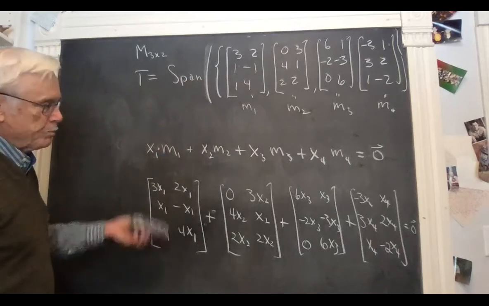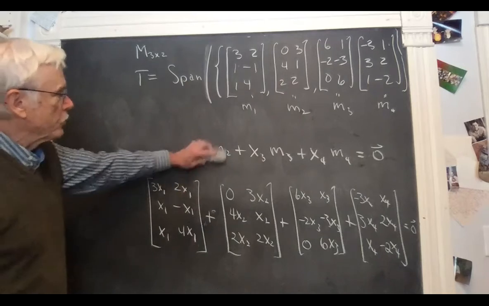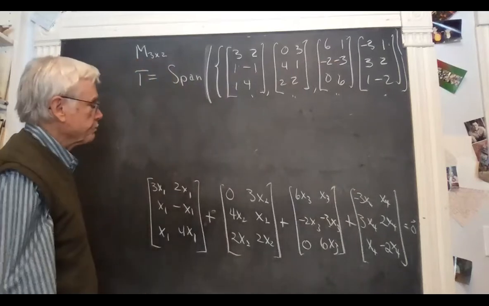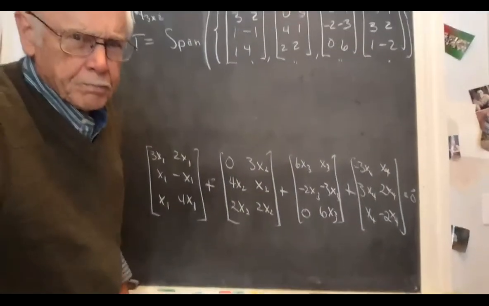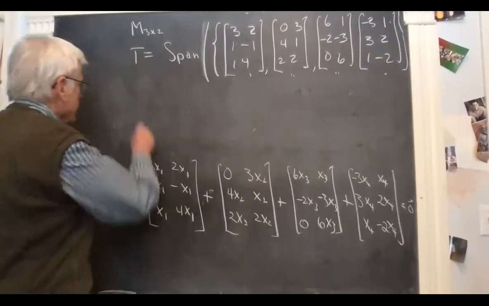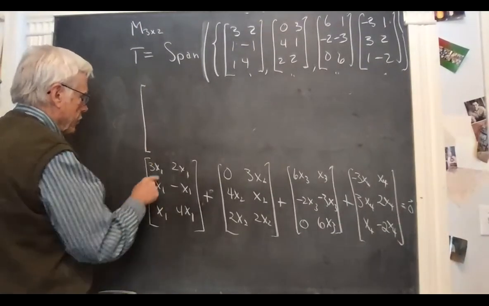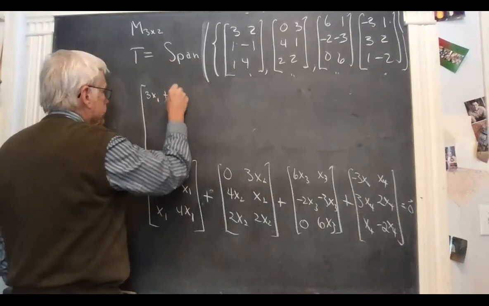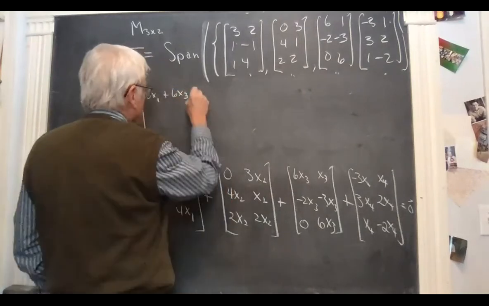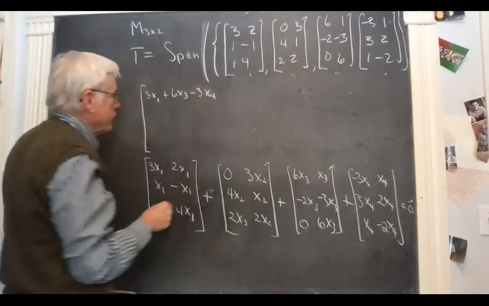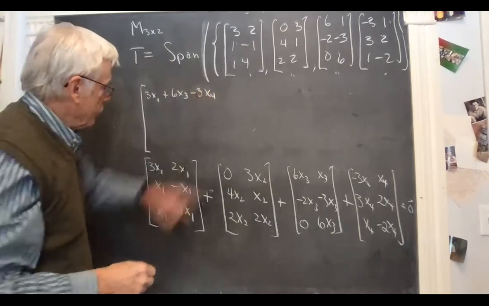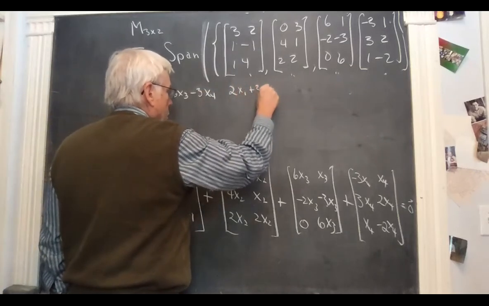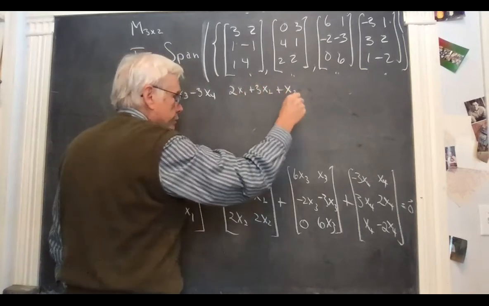I'm going to add all these up and set it equal to the 0 matrix, and we'll see what we get. Adding these up, in the first position, I'll get 3x1, no x2, 6x3, and minus 3x4. In the position next to it, I get 2x1 plus 3x2 plus x3 plus x4.